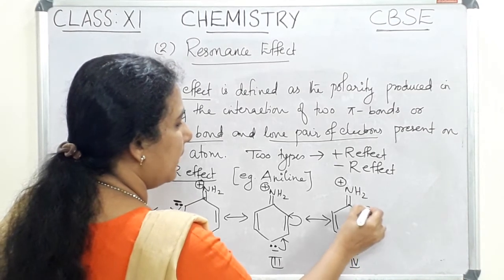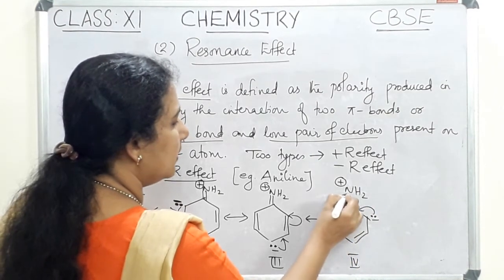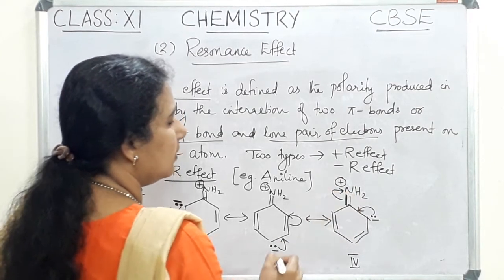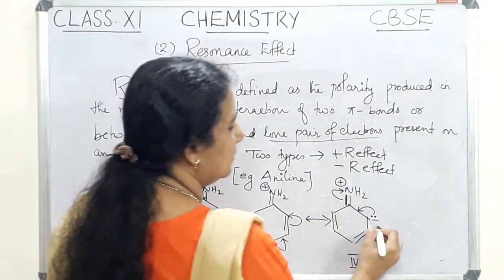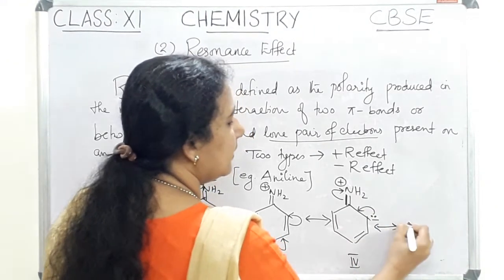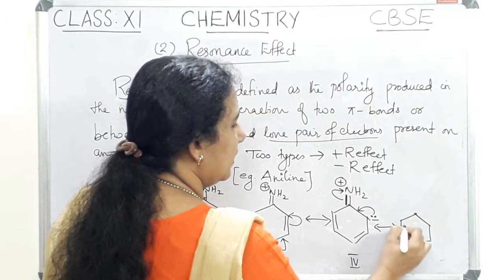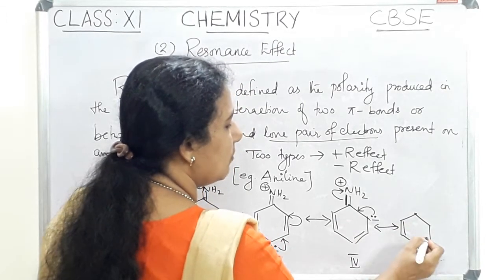Then this lone pair becomes a bond pair, and this pair of electrons is coming back, and that nitrogen gets back the lone pair. So these two bonds are the same.